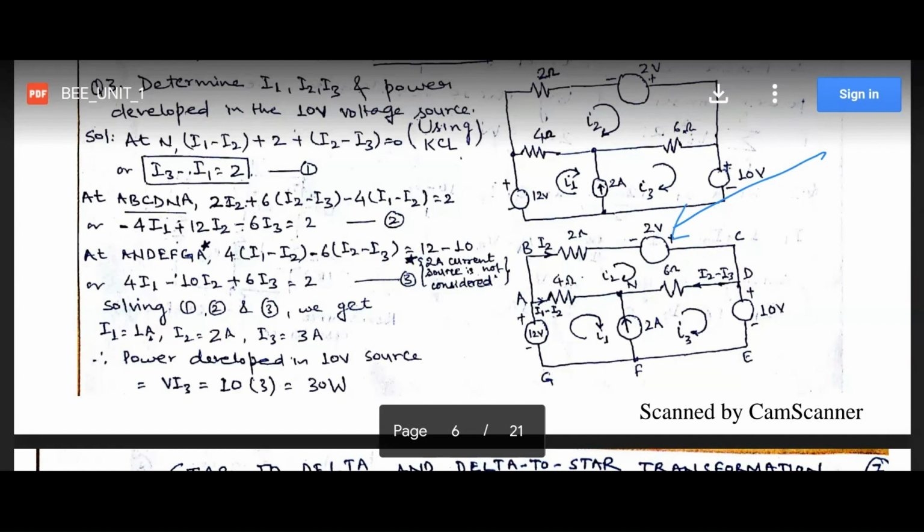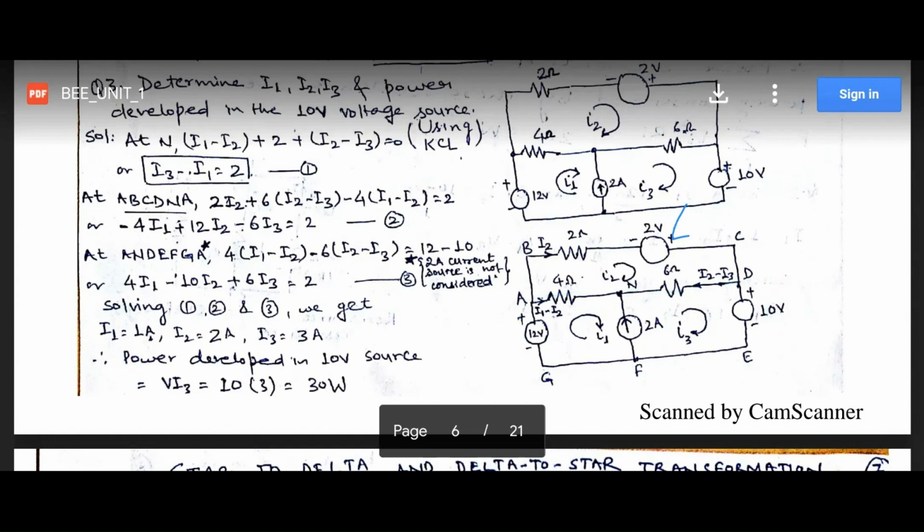Now we can talk of the second loop, which is the outermost loop: A, N, D, E, F, G, A. When we take this external loop, the 2 ampere current source is not taken.